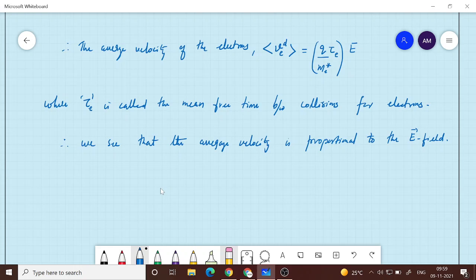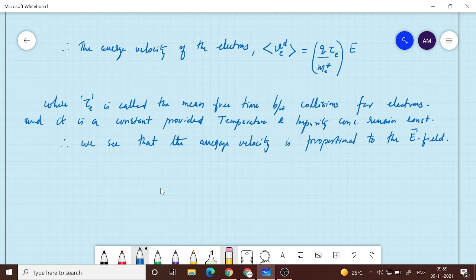So I have to add that note: tau is called the mean free time between collision for electrons, and it is a constant provided temperature and impurity concentration remain constant.